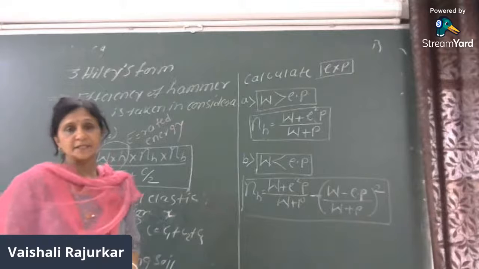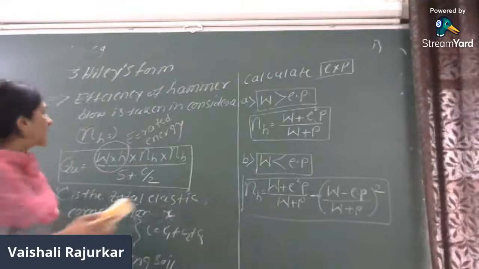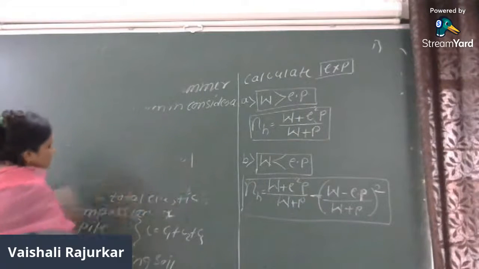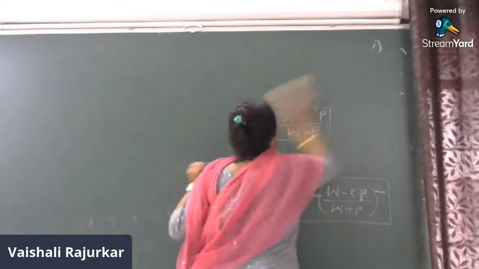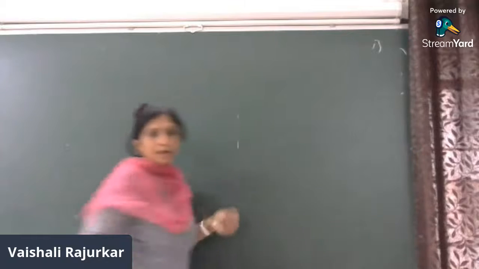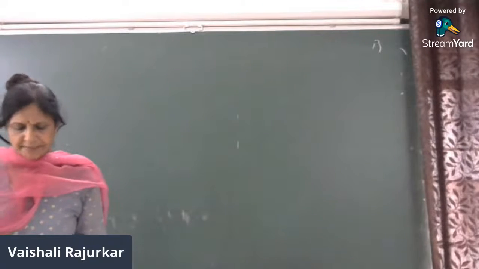So we will consider a small numerical in which the weight of the hammer is given. In the given numerical, we will solve all the things simultaneously.